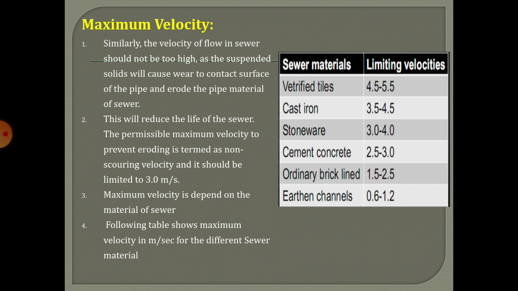This will reduce the life of the sewer, and the permissible maximum velocity to prevent eroding is termed as non-scouring velocity, and it should be limited to 3.3 meter per second.